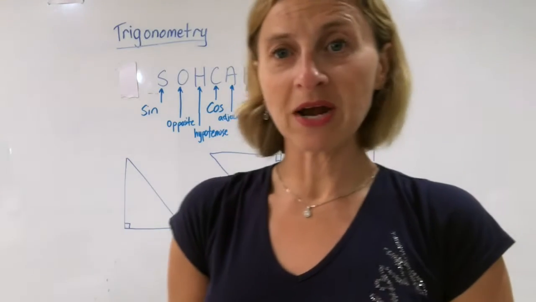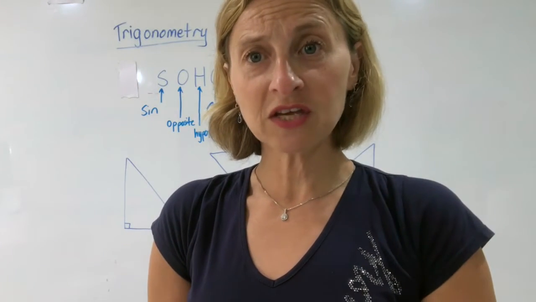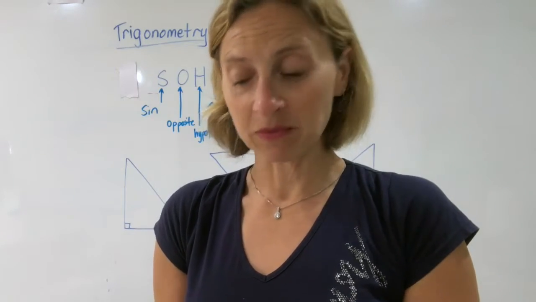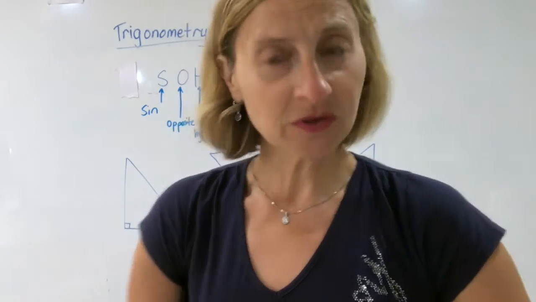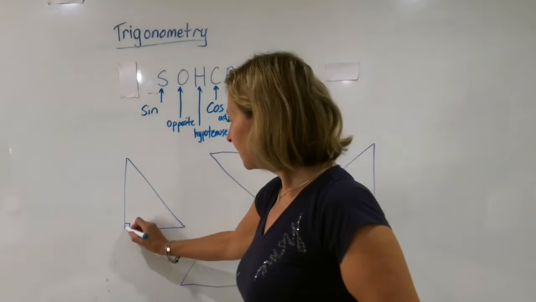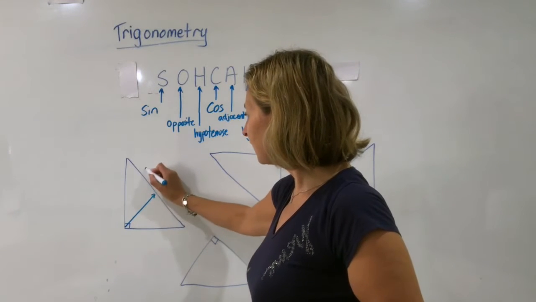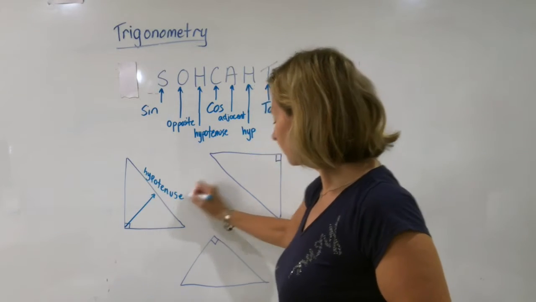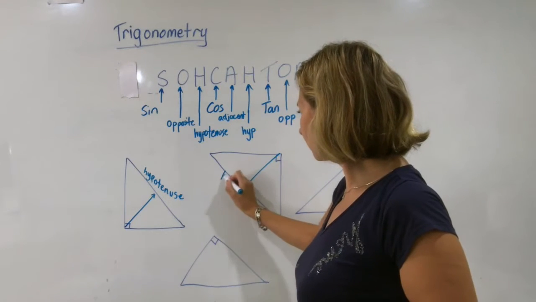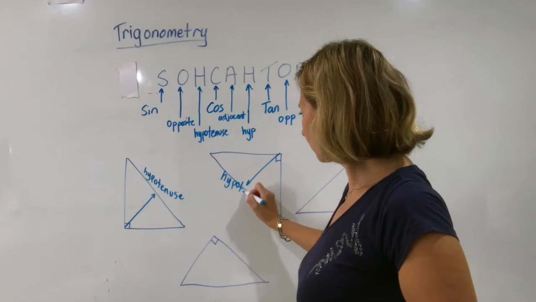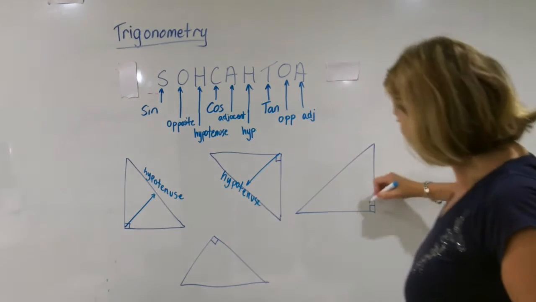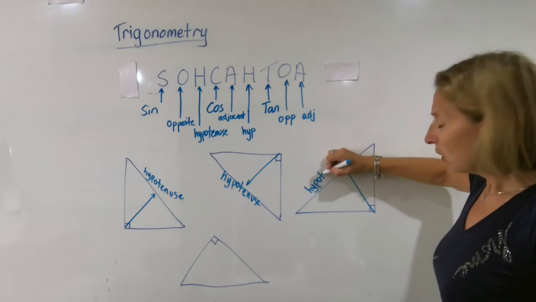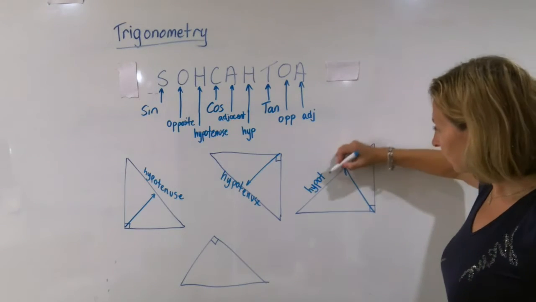It doesn't matter what the right angle triangle is. The first thing you need to do in any right angle triangle question is to label the sides. The hypotenuse is the easiest side to label first, and it will always be the side opposite the right angle. It will also always be the longest side.